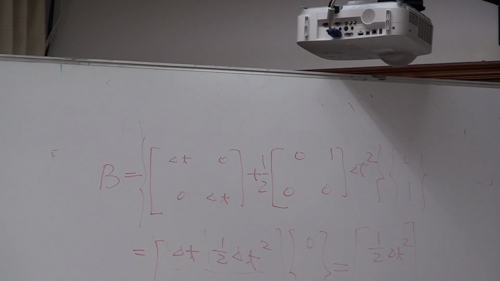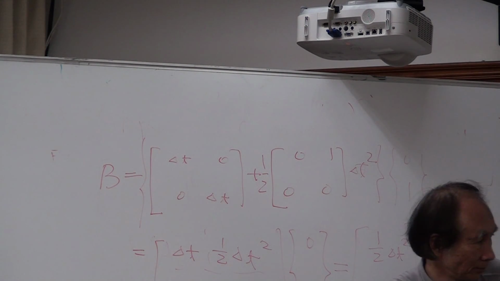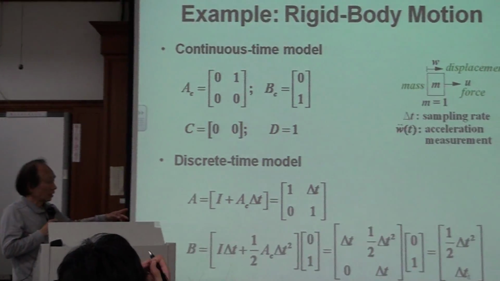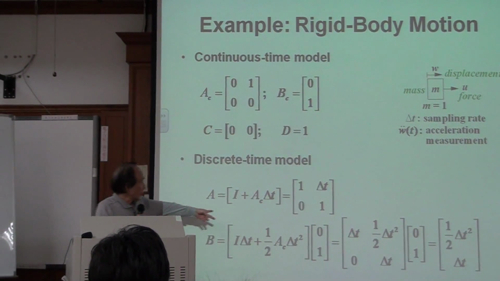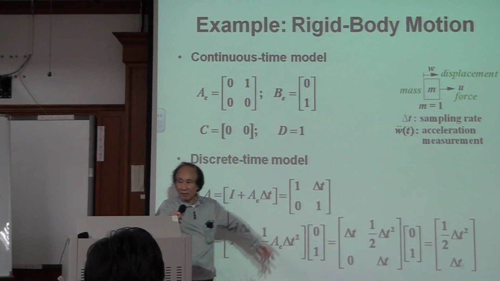So converting from continuous time to discrete time looks quite easy, right? At least for the rigid body motion, it's quite easy. Now, something you need to be careful about: the discrete time model is sample time dependent.